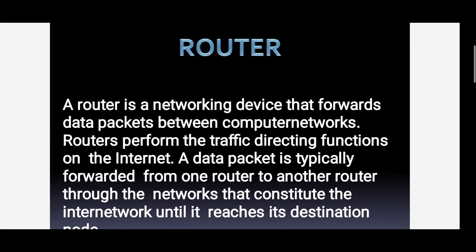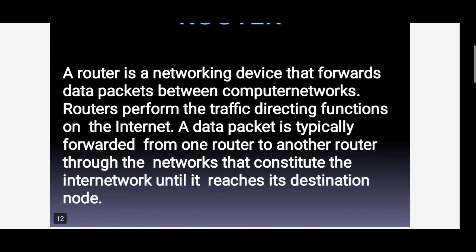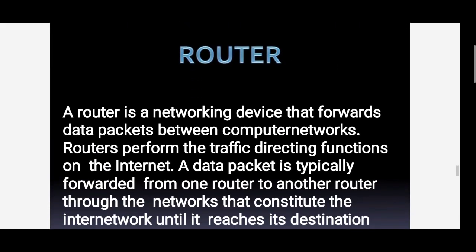Router is a networking device. It forwards data packets between computer networks, and the router performs the traffic direction function on the internet. A data packet is typically forwarded from one router to another router through the networks until it reaches its destination node.